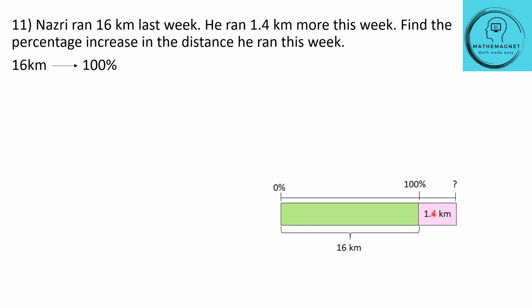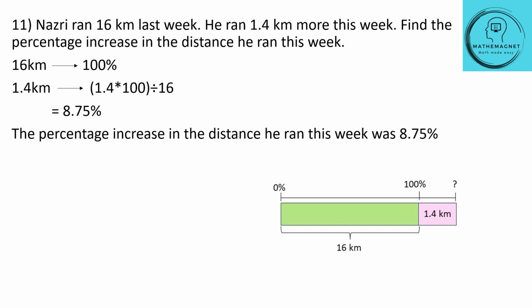We need to find how much percentage this 1.4 kilometers contributes. We know 16 kilometers is 100%. 1.4 kilometers will be 1.4 into 100 divided by 16, which is equal to 8.75%. So the percentage increase in the distance that he has run this week is 8.75%.